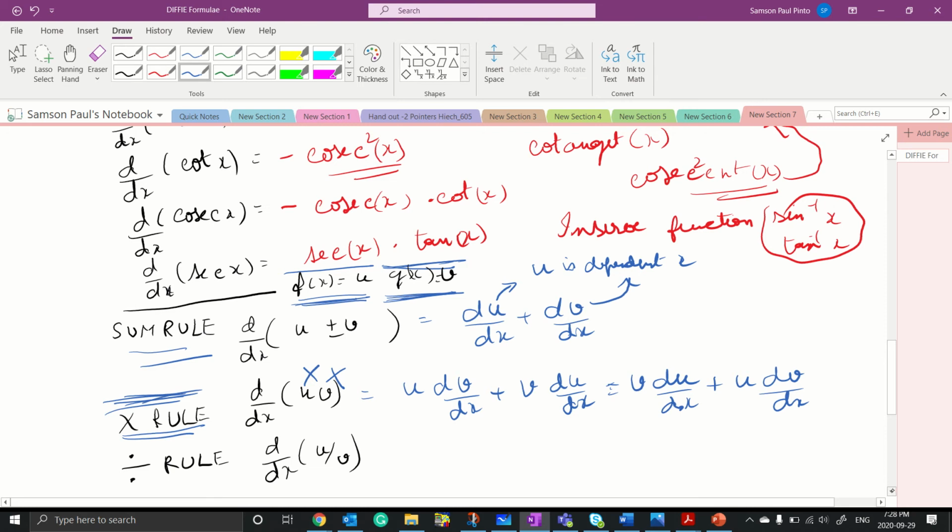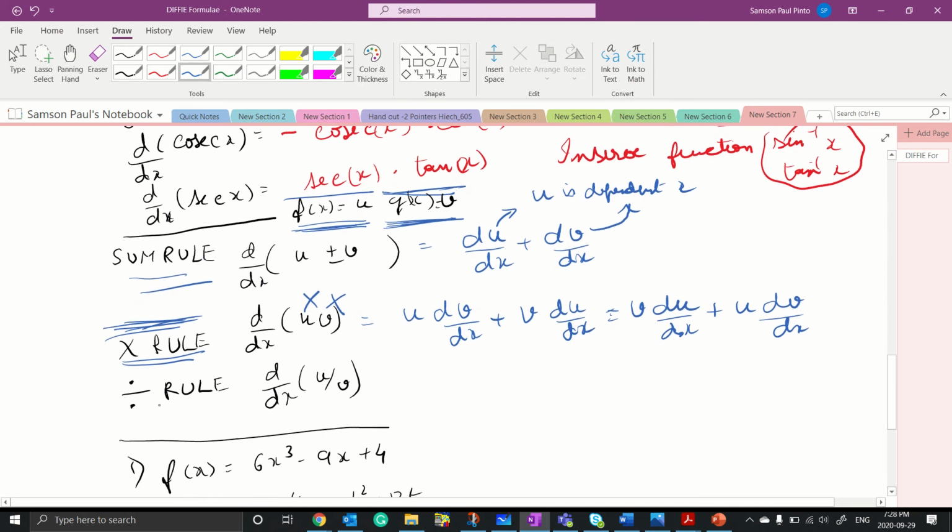Moving on, we'll come to the quotient rule. The denominator is v square, the square of the function, and the numerator is v du by dx minus u dv by dx.